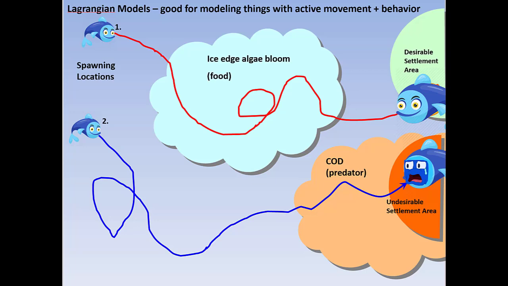Then maybe it runs into a predator, so is subjected to predation, and it ends up at an undesirable settlement area. So these IBM style Lagrangian models are particularly useful for understanding these kinds of different environmental impacts that may be working on an individual.